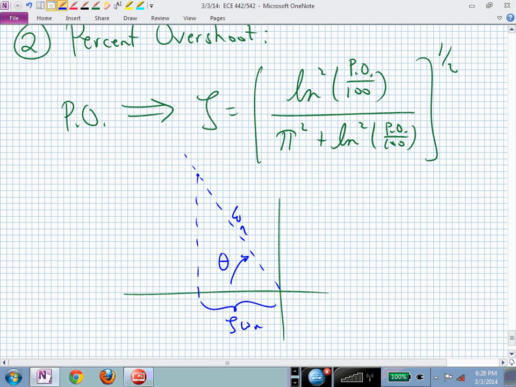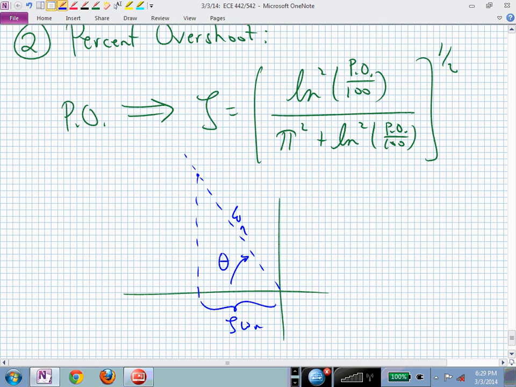If I want less overshoot, what do I want that angle theta to be doing? If you think of this as creating a pizza wedge, what do you want for percent overshoot? What do you want that wedge to look like? Bigger or smaller to reduce the overshoot? You need theta to get smaller, don't you? You want zeta to get closer to 1. You're wanting those poles to become more real.